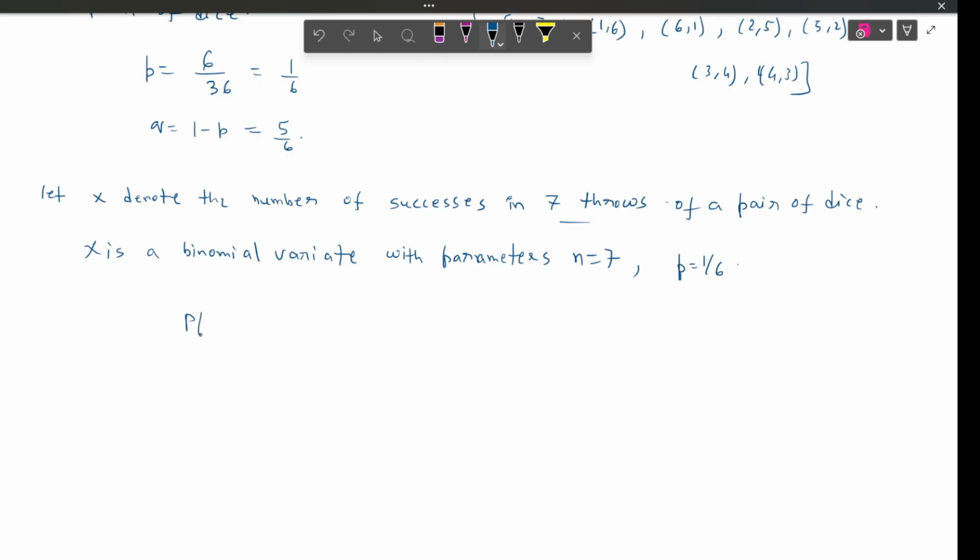So we can say that P of X equals R. We know the formula of binomial distribution. That is nCr, that is 7Cr into P to the power R, Q to the power n minus R, that is 7 minus R. R can take value from 0 to 7.